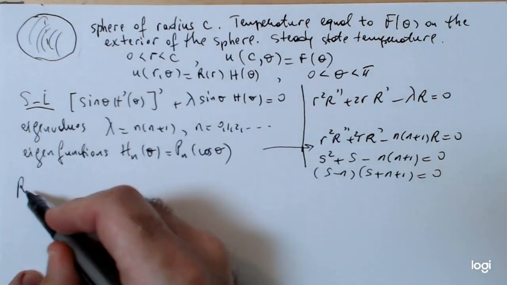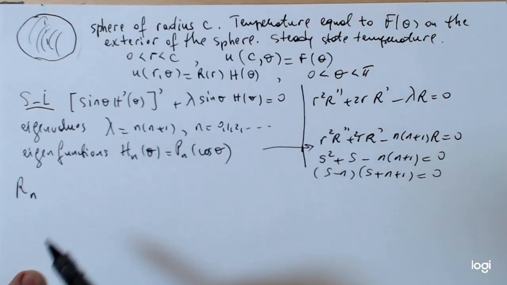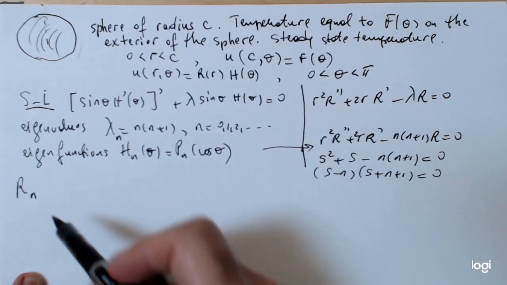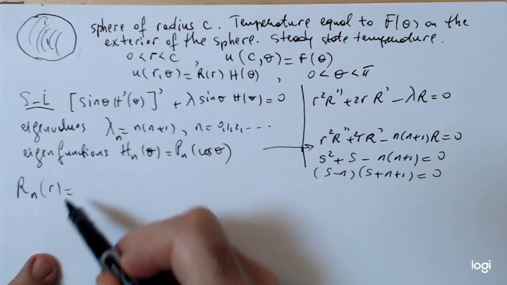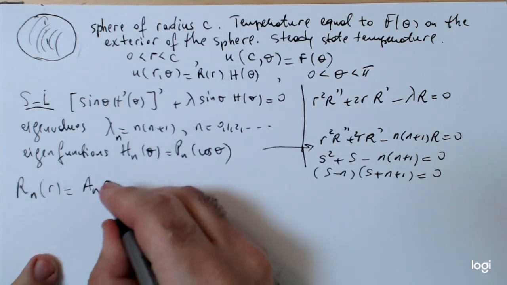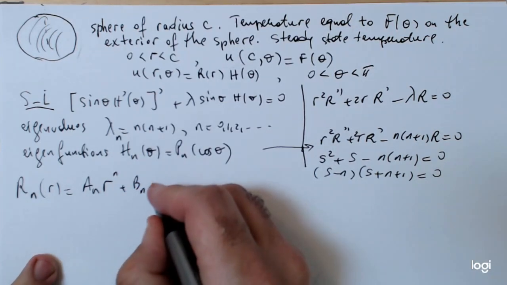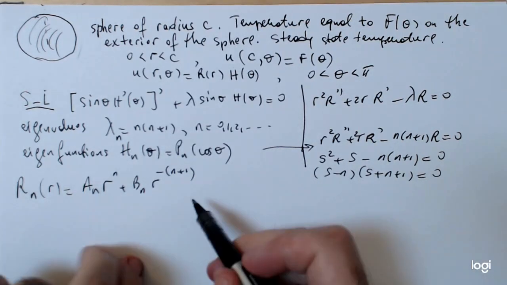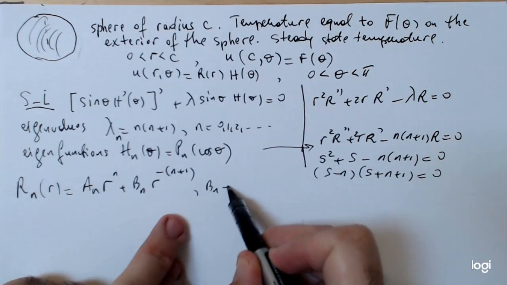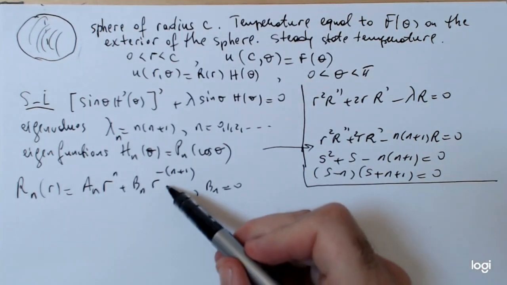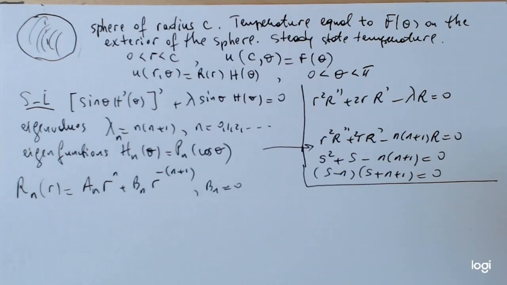So for each eigenvalue, which we can call lambda n, R_n of little r will be some constant times r to the n plus some other constant times r to the minus n plus 1. And just like before, because of continuity, you're going to have to assume B_n is equal to 0, because otherwise this will go to infinity as r approaches 0.